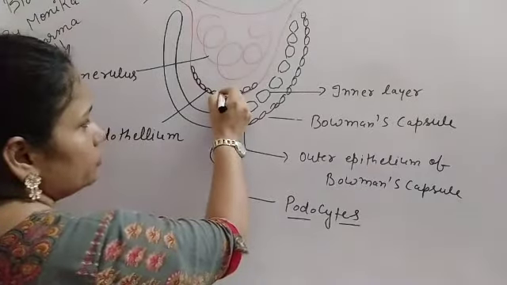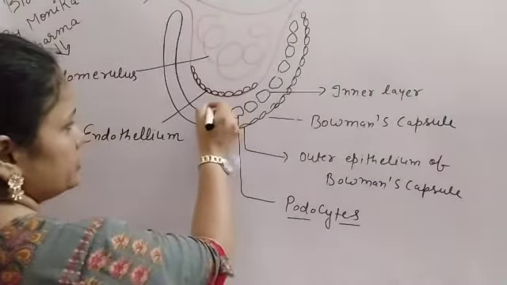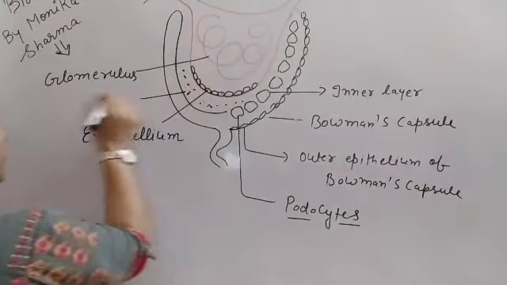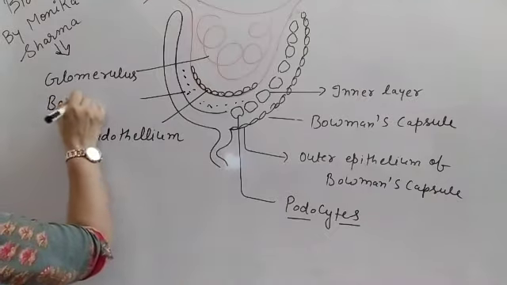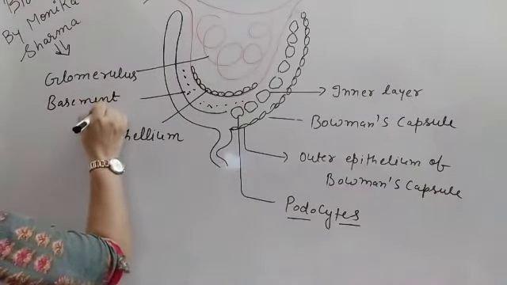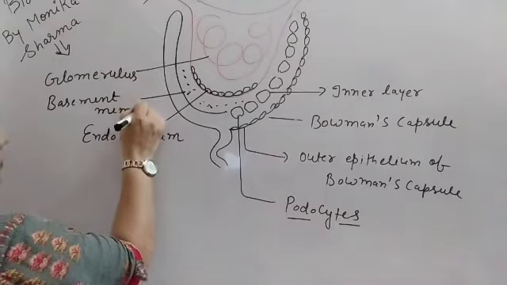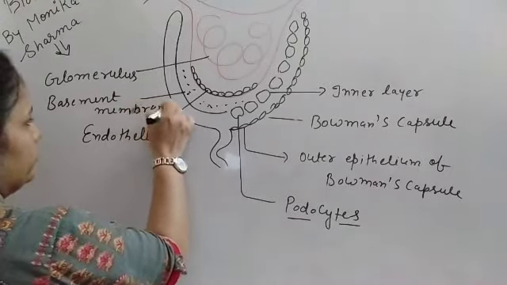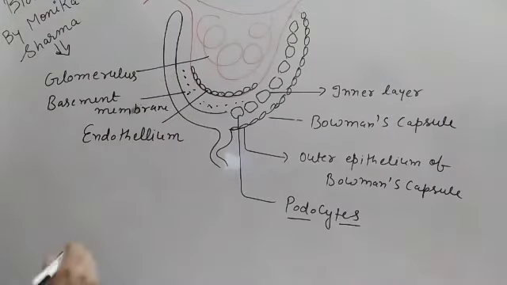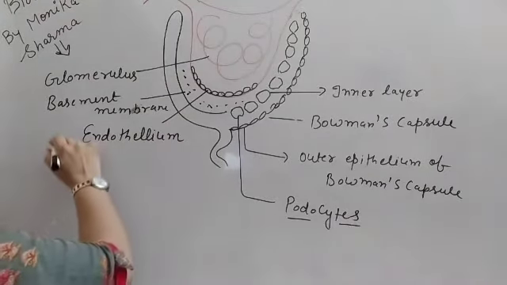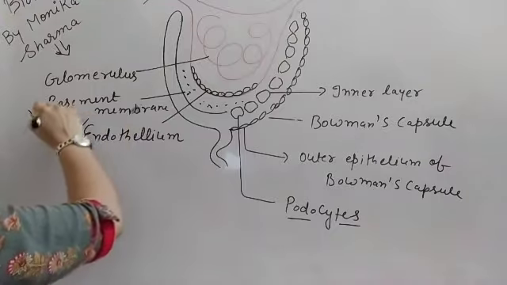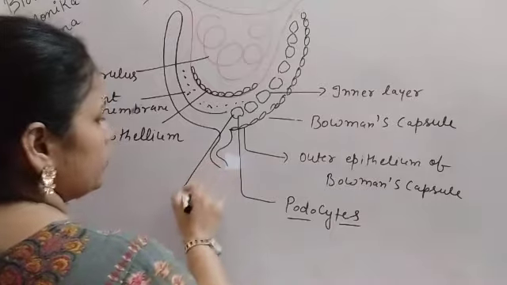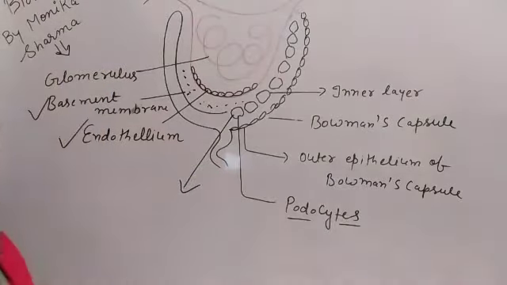Between this endothelium and the podocyte cells, the basement membrane is present. So ultrafiltration takes place between these three layers: first the endothelium, second the basement membrane, and third the podocyte.